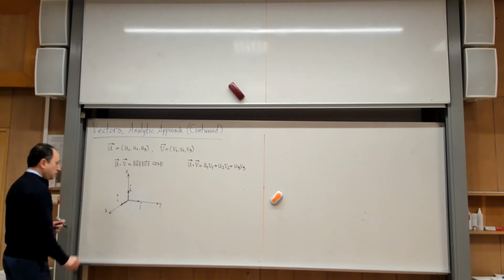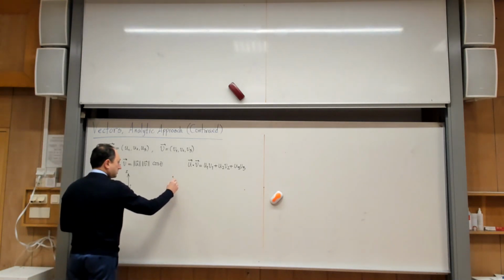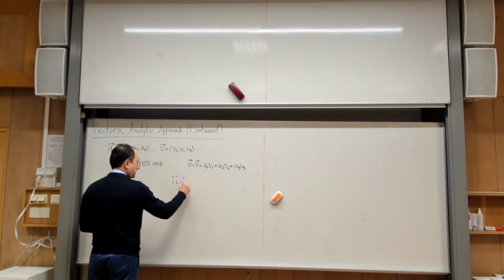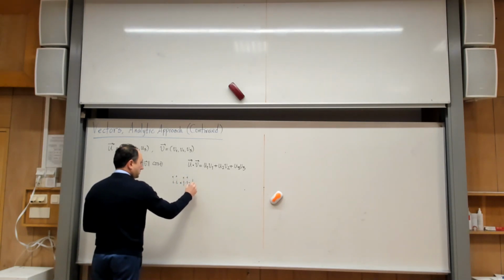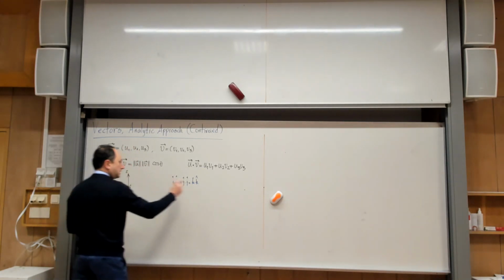We learned that i dot i is equal to j dot j is equal to k dot k using the old definition, and it is equal to 1.